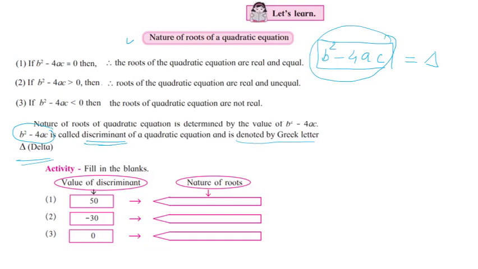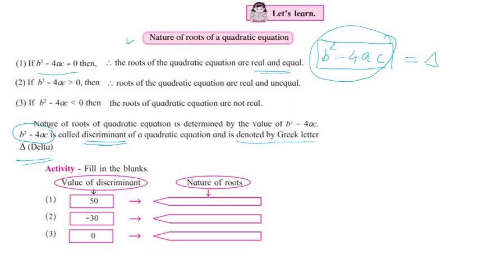Now, by using this discriminant, we are going to determine the nature of roots of a quadratic equation. See these three conditions. If b square minus 4ac equals 0, that means delta equals 0, then the roots of the quadratic equation are real and equal.